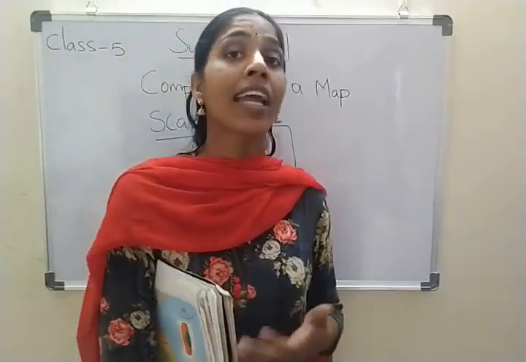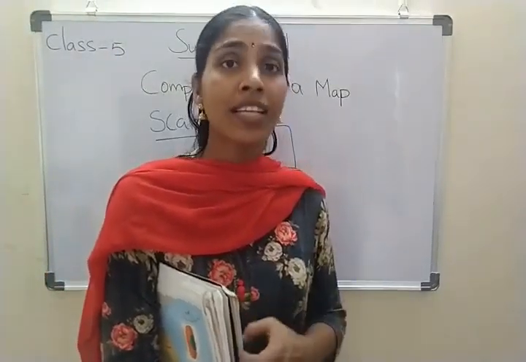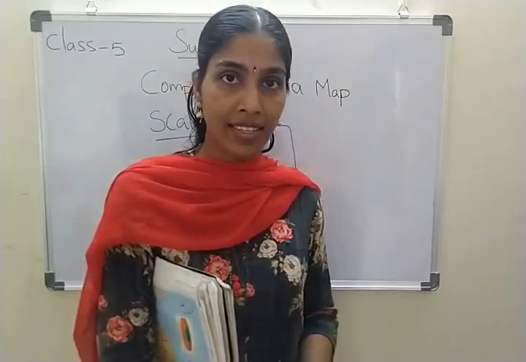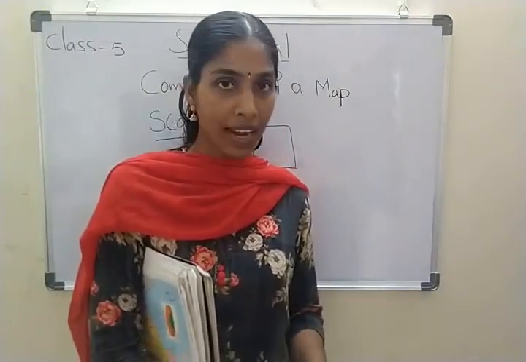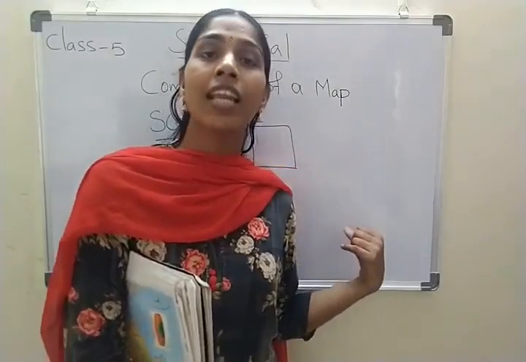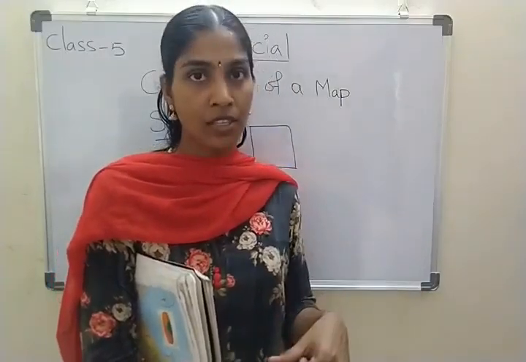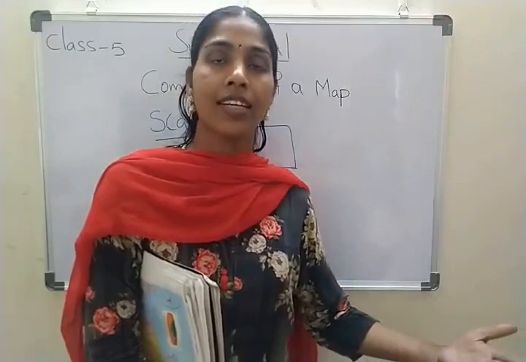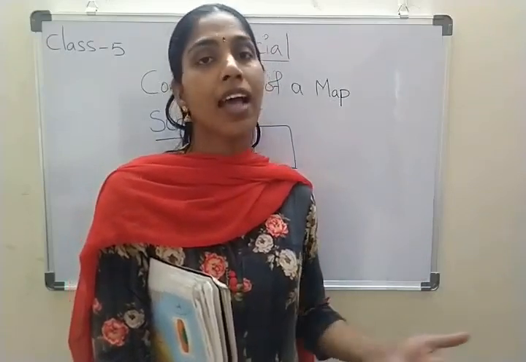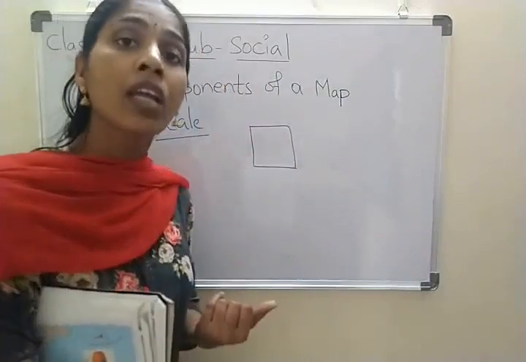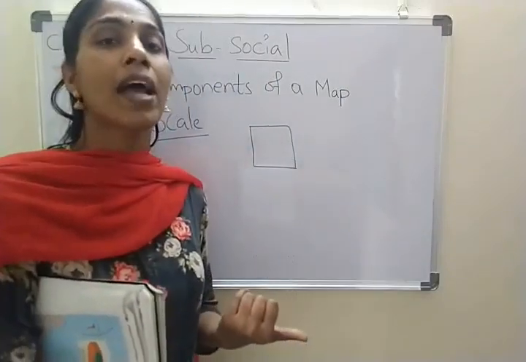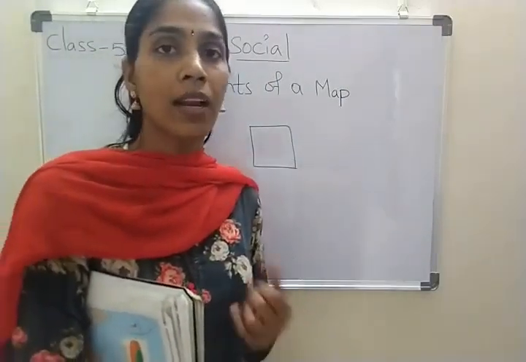Okay. Children, in math, we use a scale to measure things, right? And to measure distance also, right? So, the scale is very useful to us to measure the distance of places and things. Okay. So, here maps can be small scale maps or large scale maps.